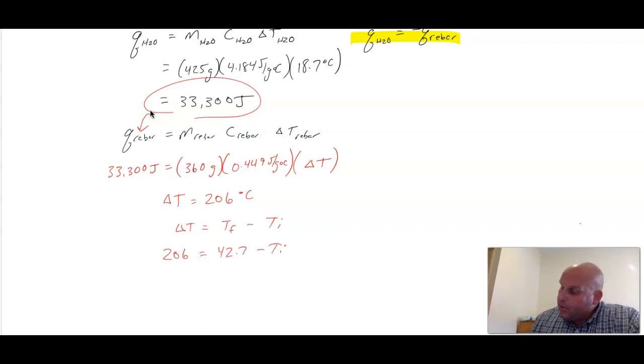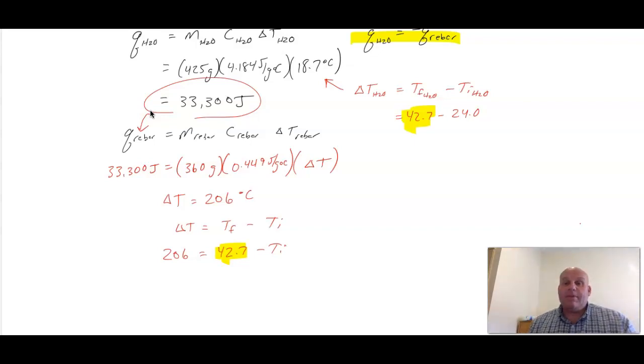So the final temperature for the rebar is 42.7, and the delta T for the water that we got here was 42.7 minus 24.0. So the T final in both situations is going to be the same value.